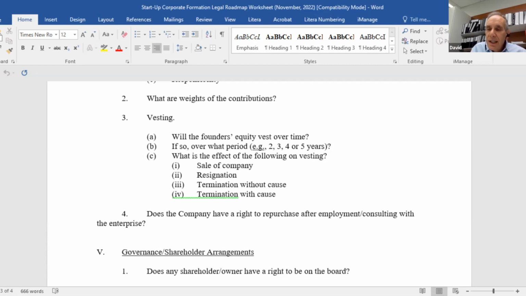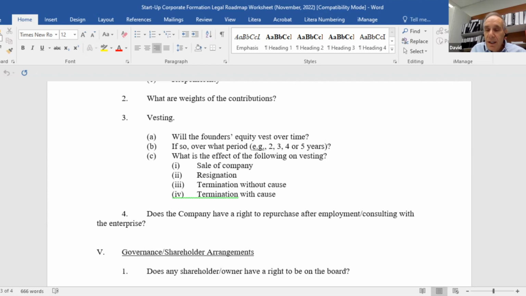It is not uncommon to be able to buy back some of even the vested stock at the then fair market value, so that the founder gets the benefit of the value from the time they came in to the time they leave, but does not hold on to all that stock going forward.